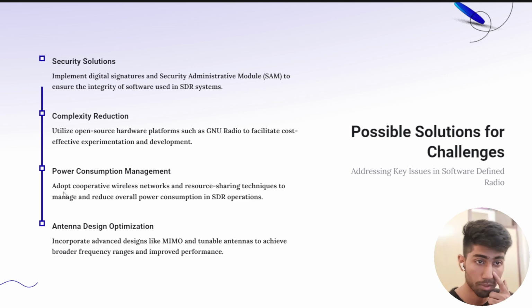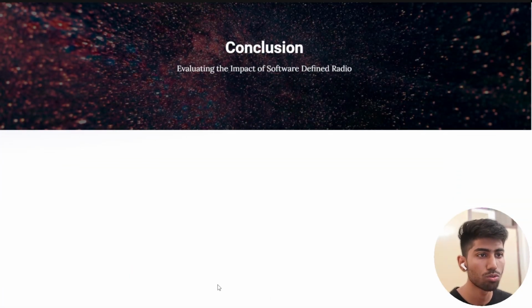We can adopt cooperative wireless networks, meaning other companies' wireless systems that have already been established, and use them as resource sharing techniques to reduce overall power consumption of SDR operation. And for antenna design optimization, we can incorporate advanced designs like MIMO tunable antennas to achieve broader frequency ranges and improved performance. Now, we are going to go through the conclusion.